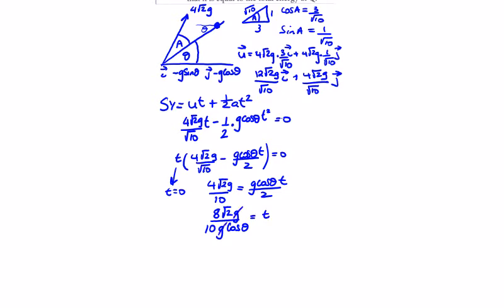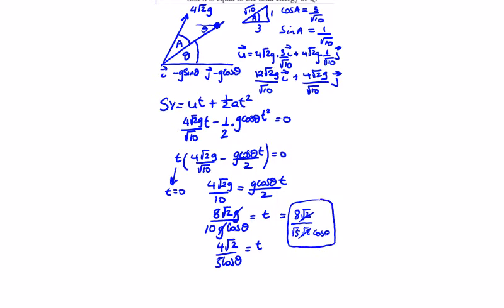My g's cancel. 8 over 10 becomes 4 over 5, so I have 4 root 2 over 5 cos theta is equal to the time taken. This could also be written as 8 root 2 over 10 is root 5 by root 2. There'll be a cos theta there, so it could be 8 over root 5 cos theta, or 4 root 2 over 5 cos theta.